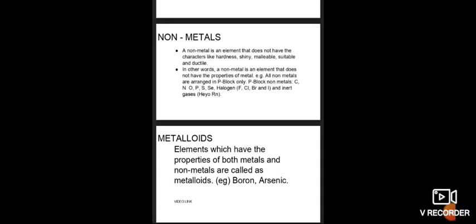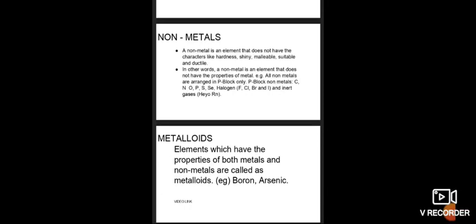Non-metals are mostly present on the right side of the periodic table. Examples of non-metals are carbon, nitrogen, oxygen, fluorine, chlorine, bromine. And metalloids: what are metalloids?